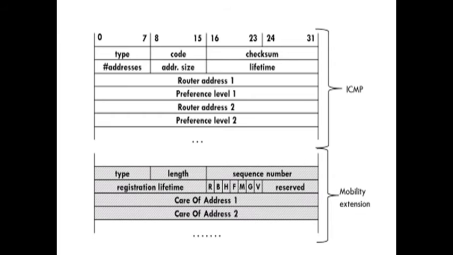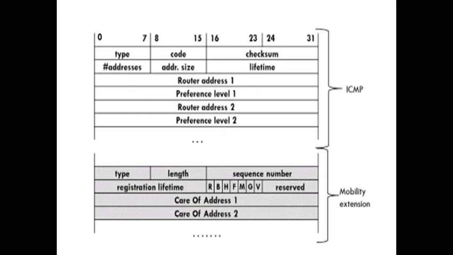Okay. And the next one is the B bit. The B bit is set if the agent is currently too busy to accept new registrations.